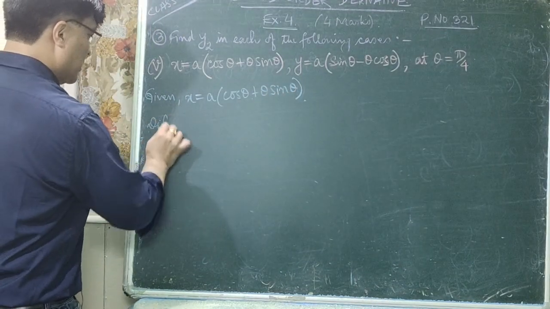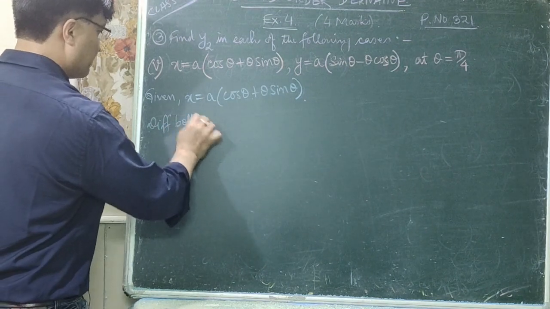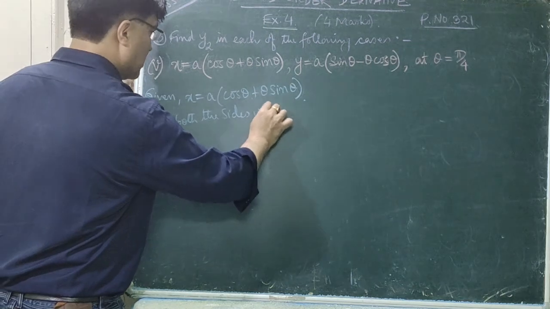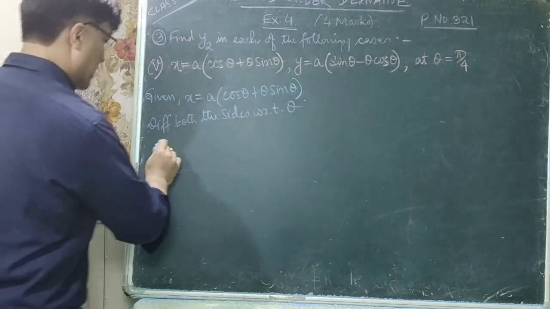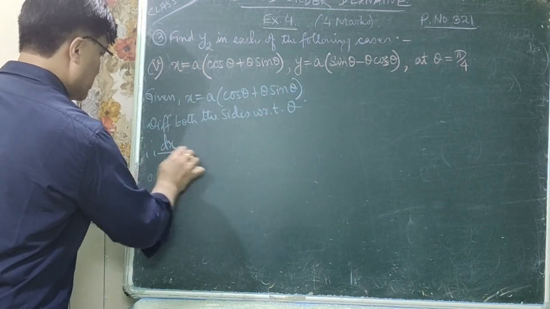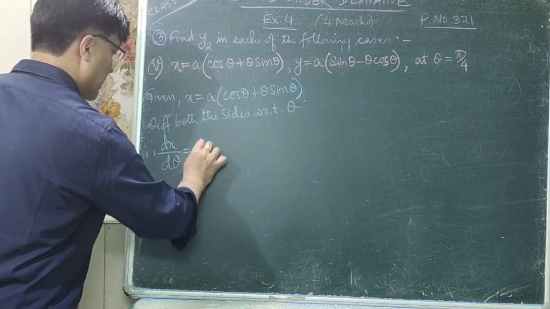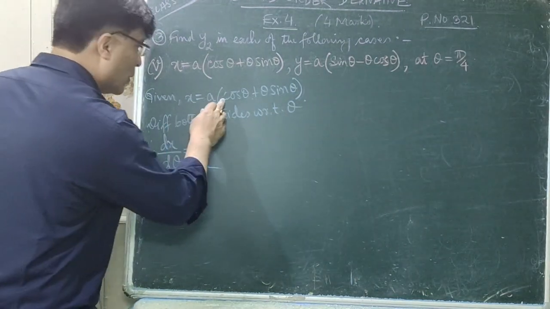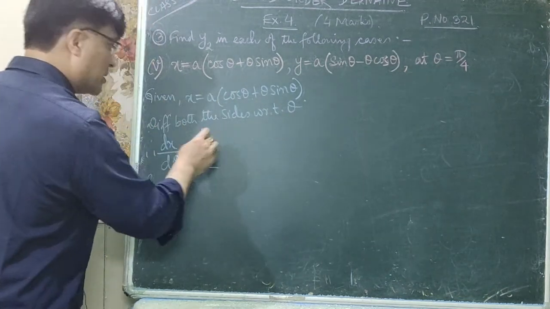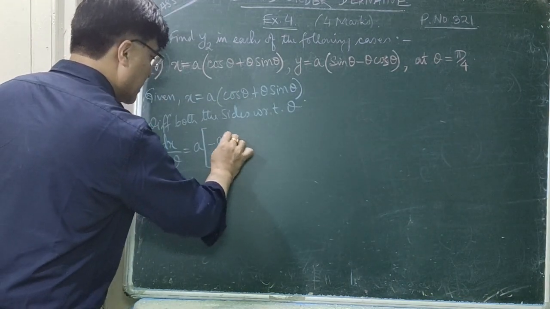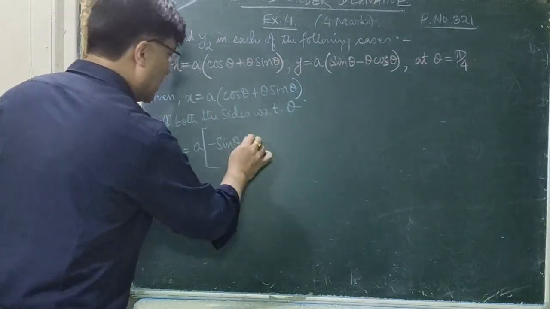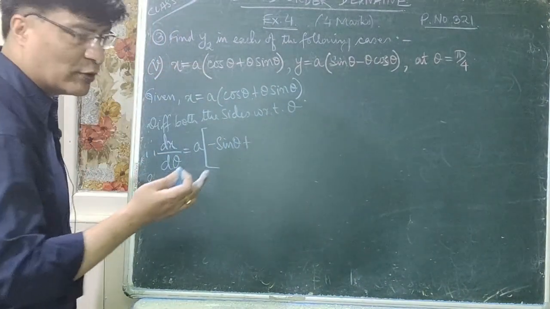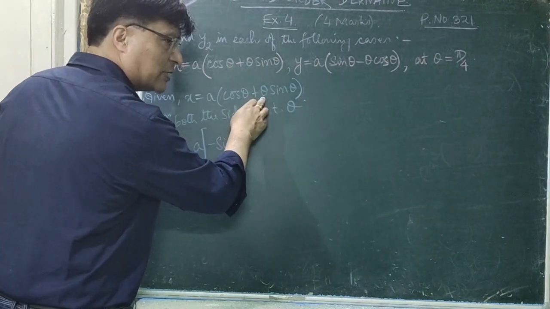So differentiating both the sides with respect to theta, what is dx by d theta now? a is constant, it is kept as it is. Now within the bracket, what is the differentiation of cos theta with respect to theta? This is your minus sine theta, right? Then plus here the UV rule, theta and sine theta both are variables, so you have to use the UV rule. What is the differentiation of theta with respect to theta?